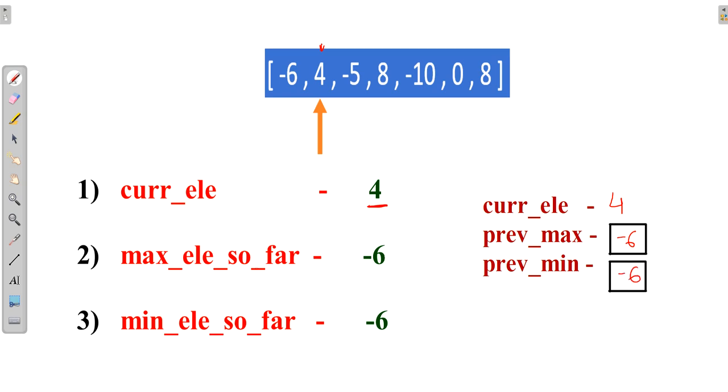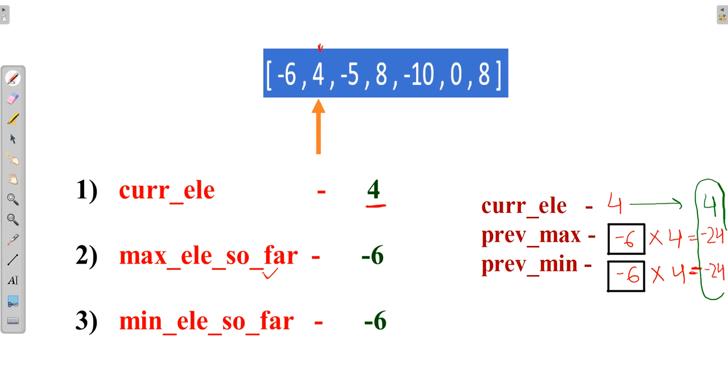For calculating the maximum element so far, I'll multiply this current element with both. So here I'll get -24 on both sides. Let's write this 4 also over here.